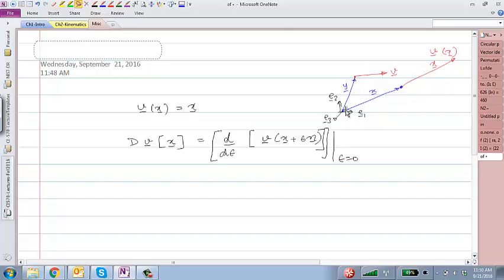So if you go to any point, for example this one, from that point, draw the exact same vector out, and that is the vector field x. I'm not sure if that answers your question.